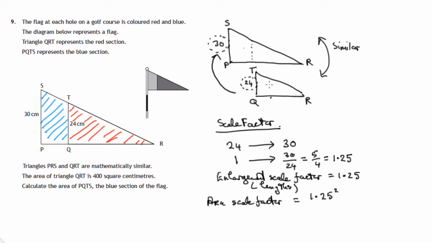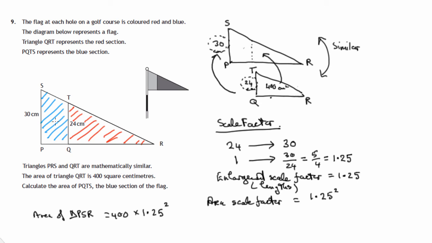The area of the small triangle, we're told, is 400. That's square centimetres. Remember, these are centimetre lengths, so the area is 400 square centimetres. So we'll be multiplying 400 by 1.25 squared to get the large area. So the area of triangle PSR, the whole flag, the large triangle, is equal to 400 times 1.25 squared.